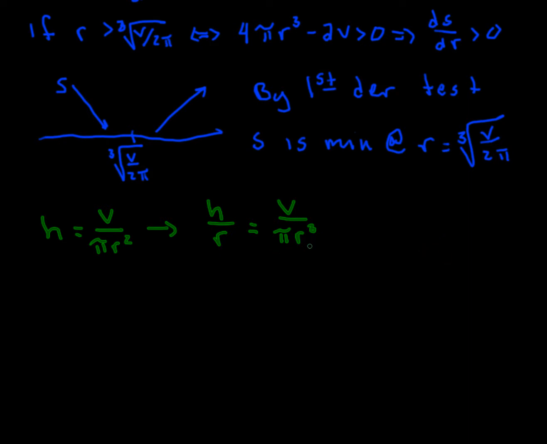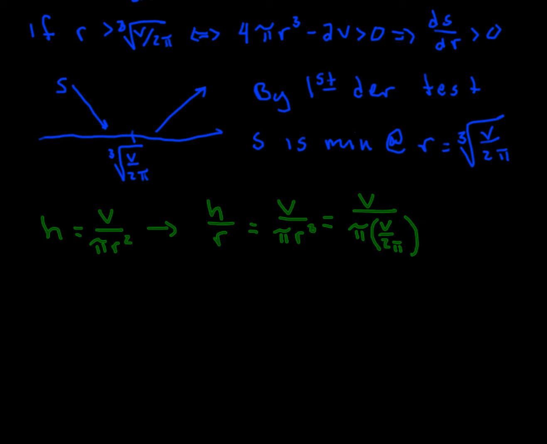That's going to be nice, because if I put the value for r in there, which is the cube root of v over 2 pi, this is equal to v over pi times, well, if I cube the cube root, all that gets left behind is v over 2 pi.